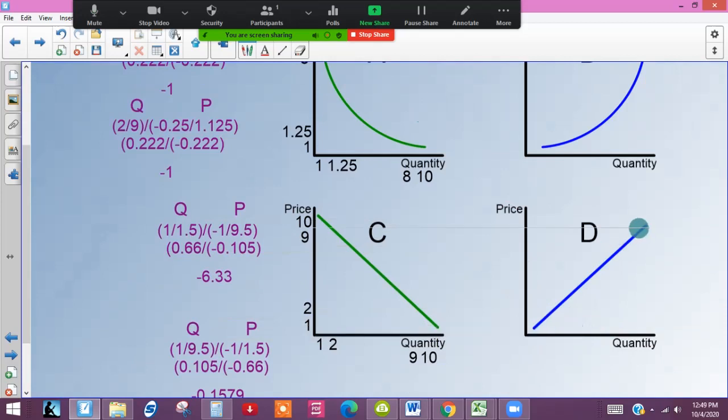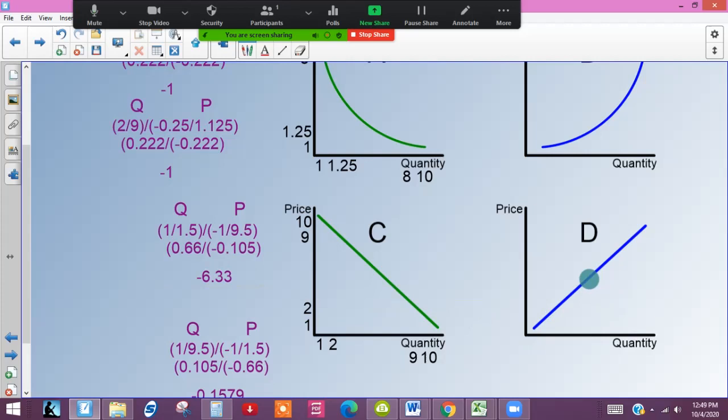You're going to have high prices and high quantities at the same time. And then you're going to have mid-range prices and mid-range quantities at the same time. So a supply curve that has a constant elasticity of 1 is going to be linear and look very much like this.